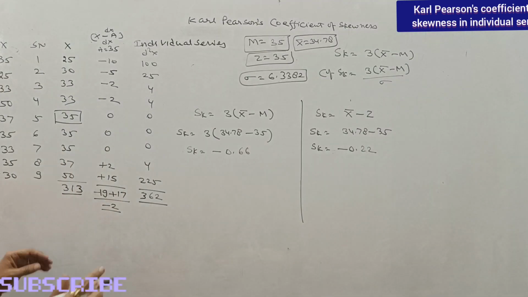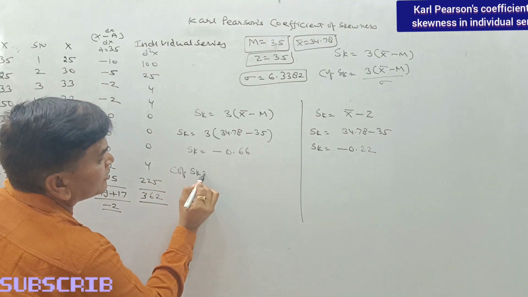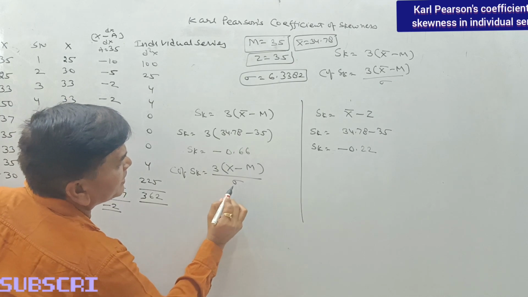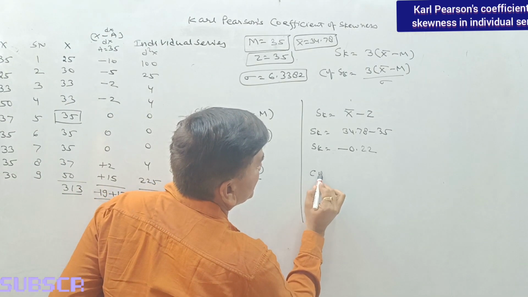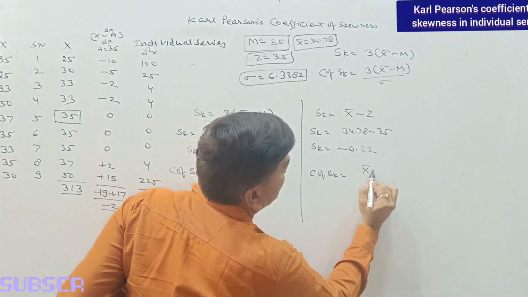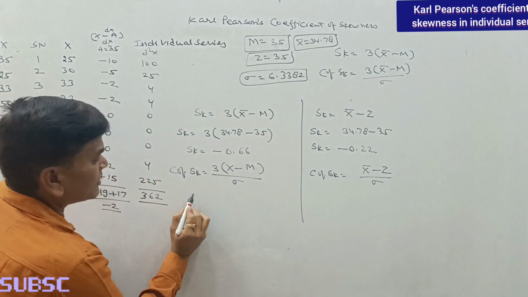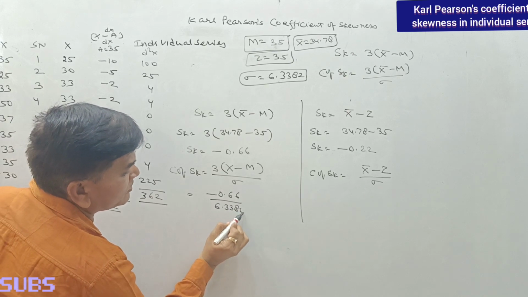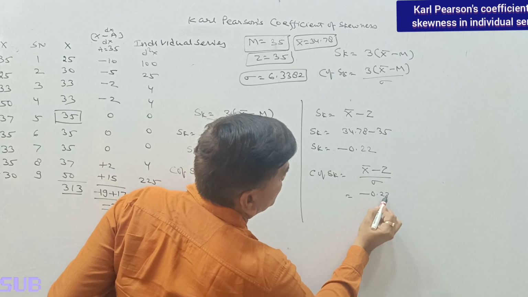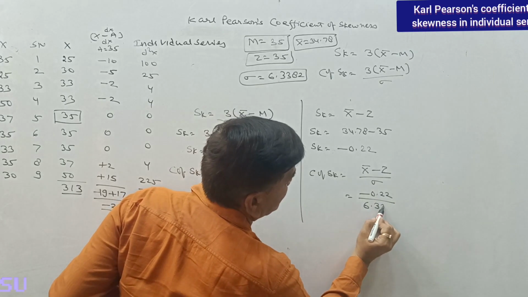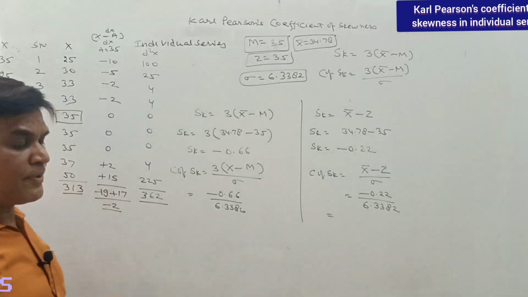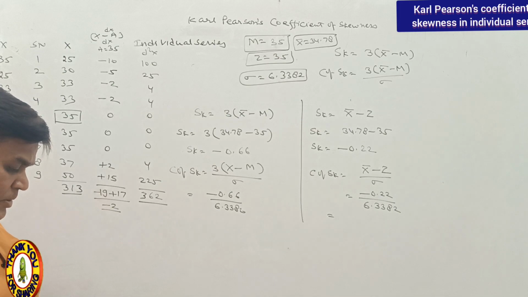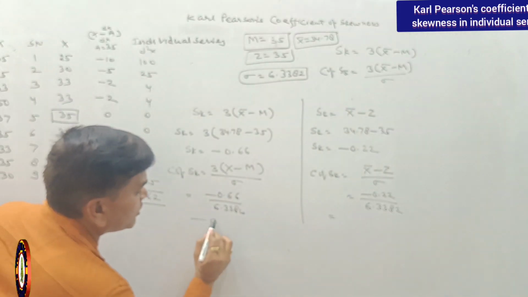Coefficient of skewness is x bar minus z divided by standard deviation. So here minus 0.66 divided by 6.3382. Here minus 0.22 divided by 6.3382. So very easily we can get the value of minus 0.104.